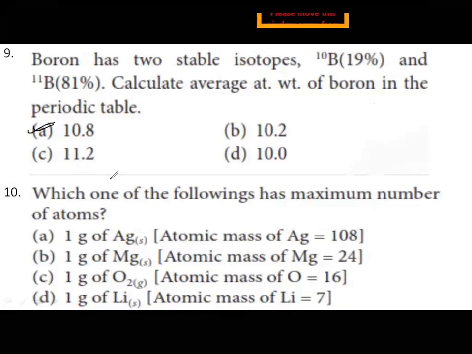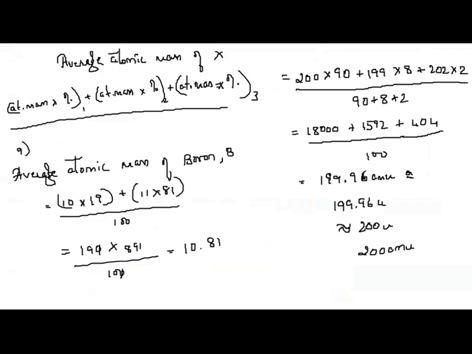Next question. Which one of the followings has maximum number of atoms? See, such type of questions are most expected questions. How to calculate maximum number of atoms? Okay, let us take the same example. So they have said 1 gram of Ag.